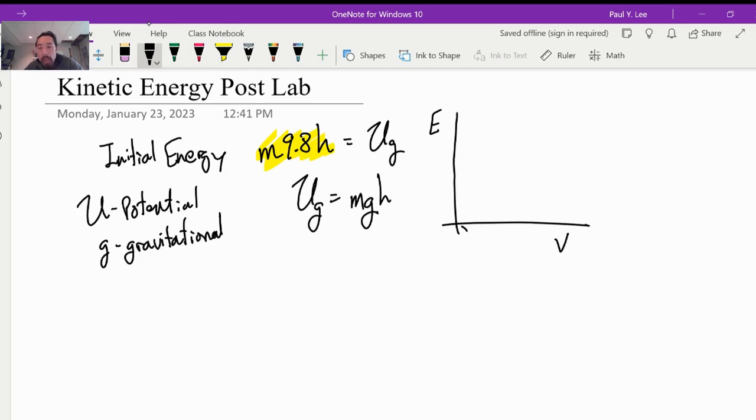And if we take a look at the units here for E, we can do a couple of unit stuff in a little bit, but let's have that down so that you have it for future. The units for m is kilograms. The units for g is meters per second squared.